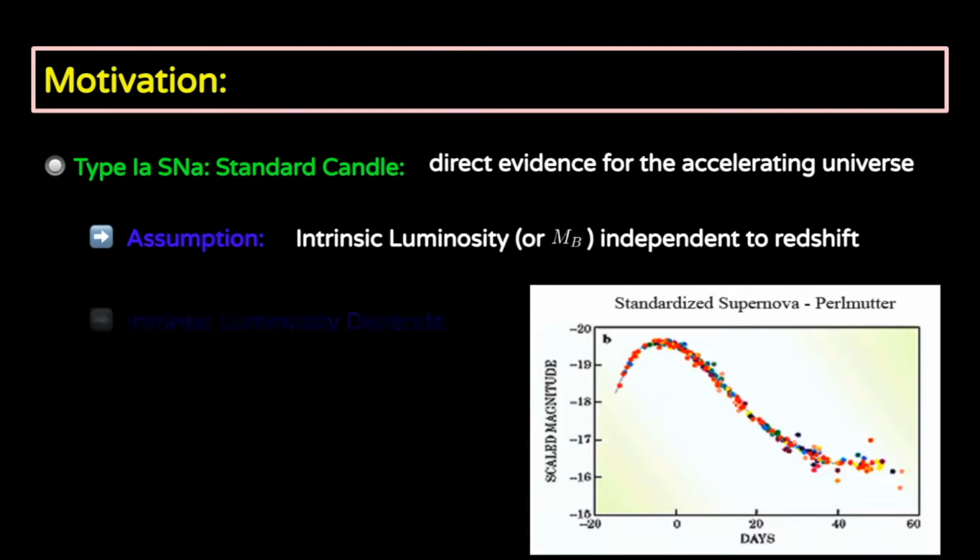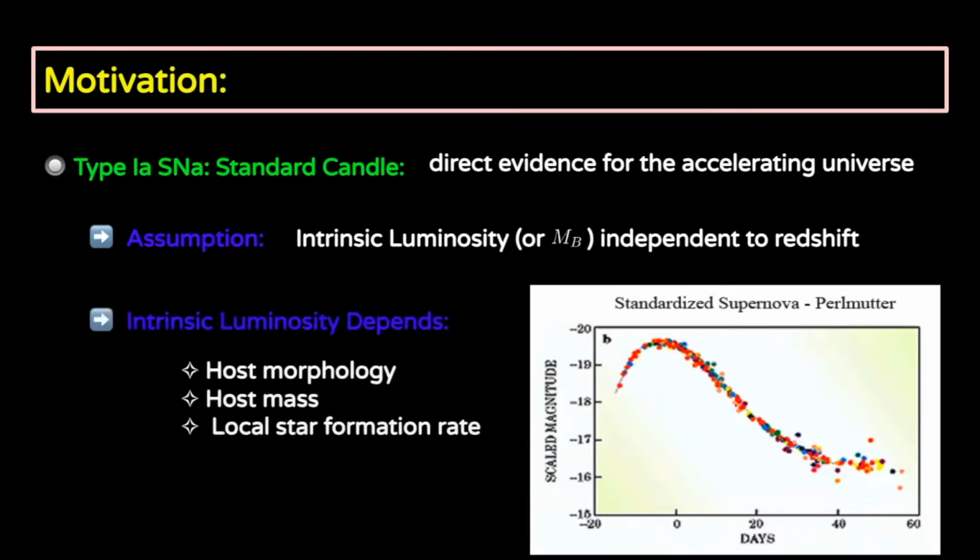However, in recent years, many dedicated studies have concluded that the light curve fitting analysis of these type 1a supernovae depends on their host galaxy masses, metallicity, and local star formation rate. Since these terms, for example the metallicity, evolve over time as per the literature survey, there may be a possibility that the luminosity of type 1a supernovae changes with time.